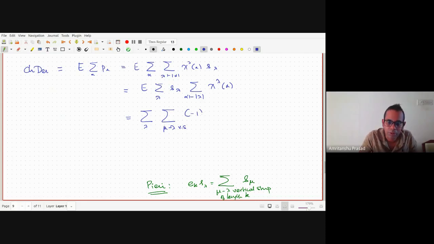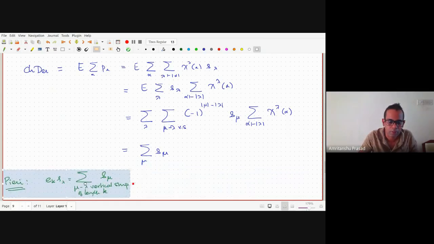Then because of the sign in the E, this is minus 1 raised to the size of mu minus the size of lambda, and then S mu, and then we still have the summation over alpha, a partition of the size of lambda, of chi lambda alpha. And now if you take the mu out, you get this, and maybe I can move this Pieri business out of this.